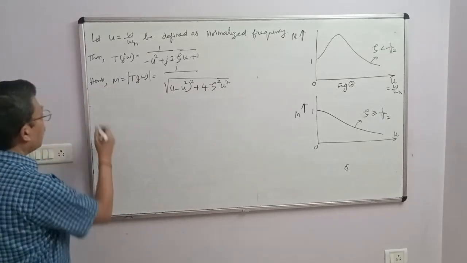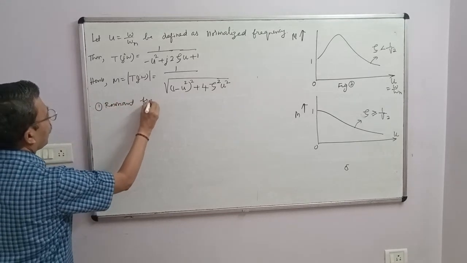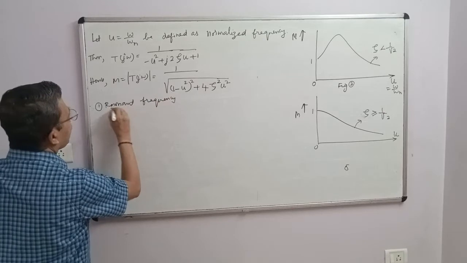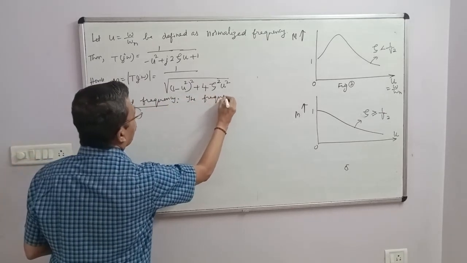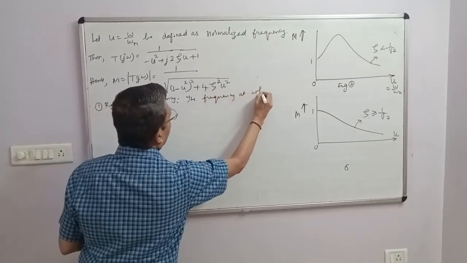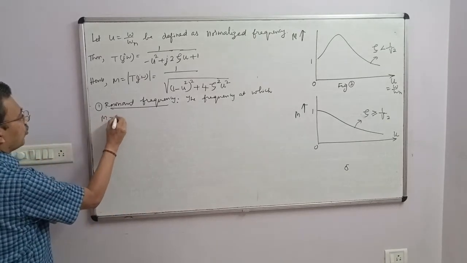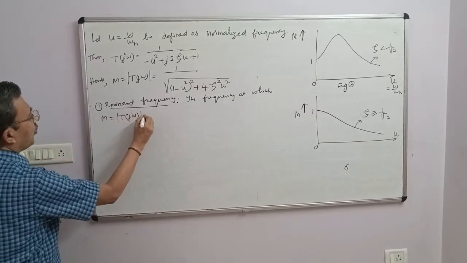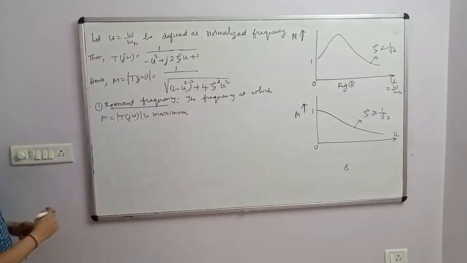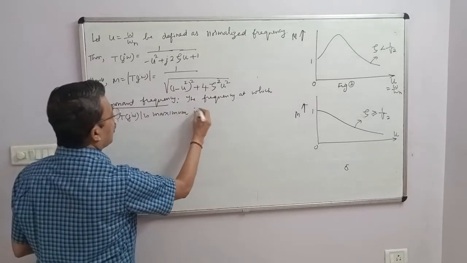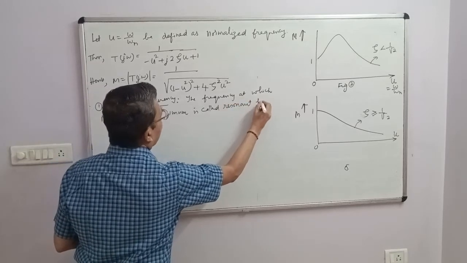First one is resonant frequency. The frequency at which m equal to magnitude of T of j omega is maximum is called resonant frequency.